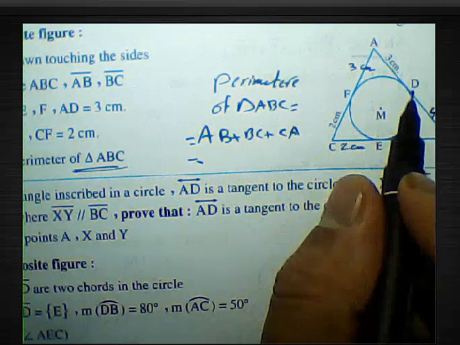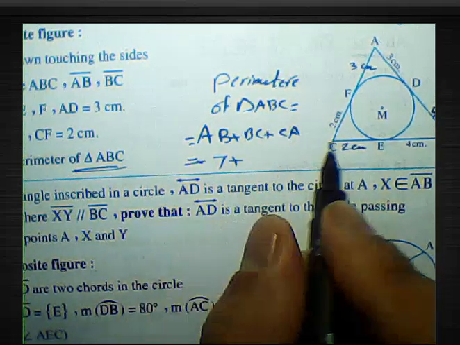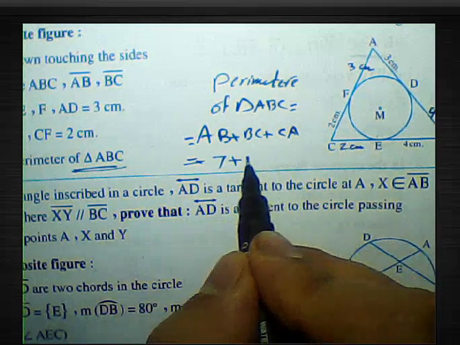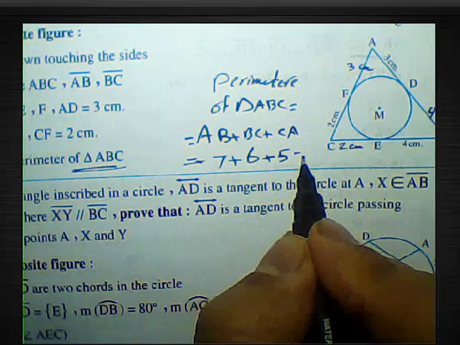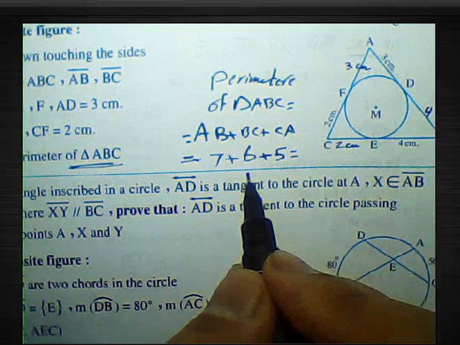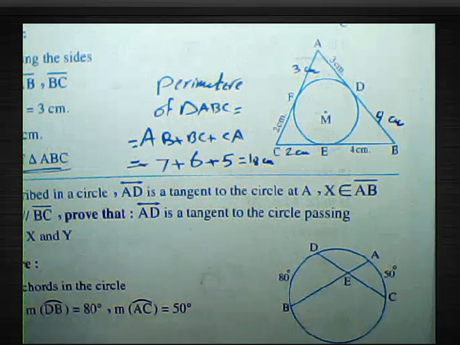AB equal 3 plus 4 equals 7, and BC 4 plus 2 equals 6, and CA equal 5 centimeters. The result will be 7 plus 6 equals 13, 13 plus 5 equal 18 centimeters.